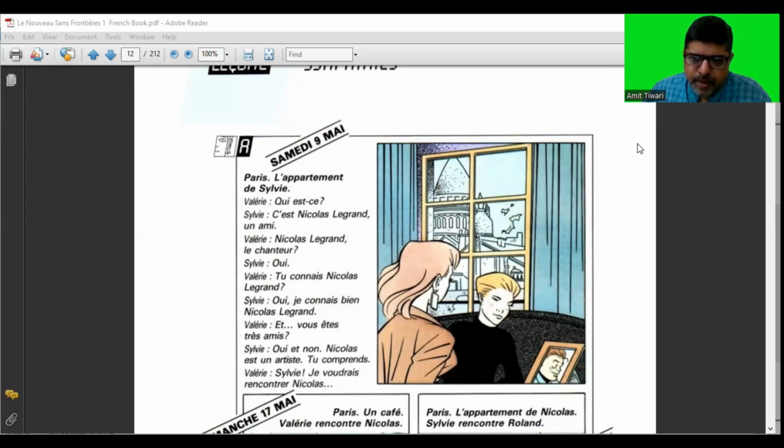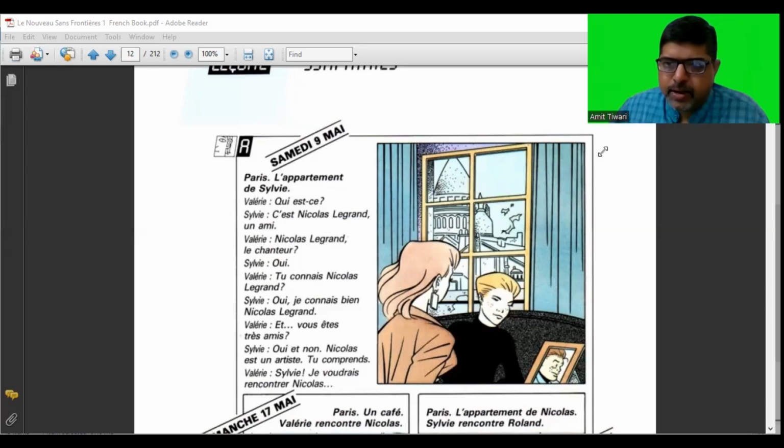Sylvie may be a lady, a character which may be imaginary or known from this particular book. So here we are talking about Paris, l'appartement de Sylvie, Paris at the apartment of Sylvie. Valérie: Qui est-ce, that is, who is this. Sylvie states, c'est Nicolas Lego, un ami.